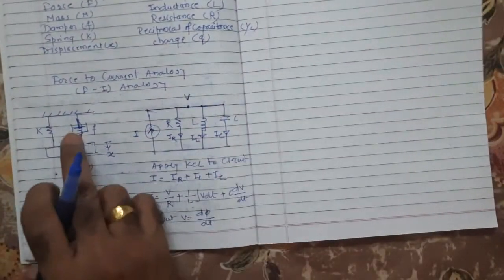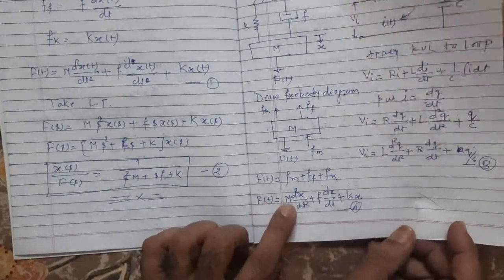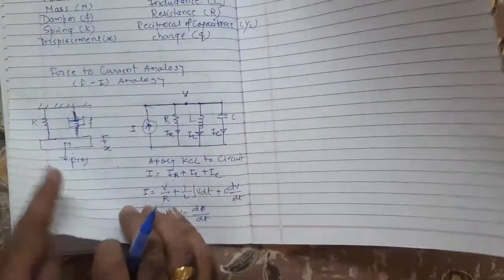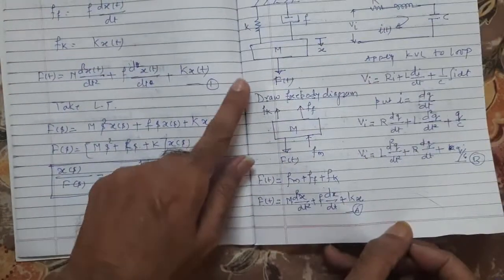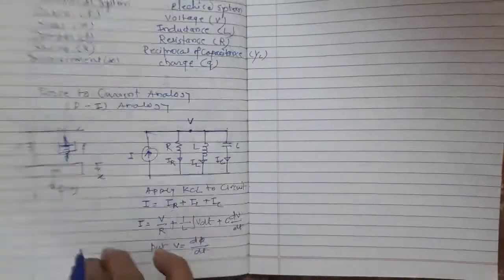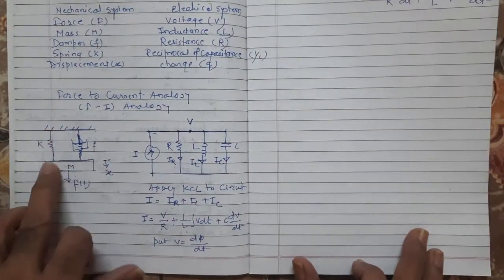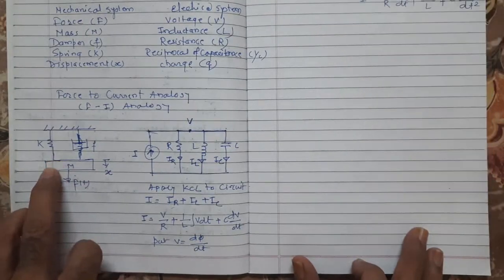And for this mechanical system we know what our equation is. F of t equals this system, and these systems are the same, both the systems. For the F2V analogy we are assuming the same system for the mechanical, which is the same as your F2V analogy. So our equations will remain the same.